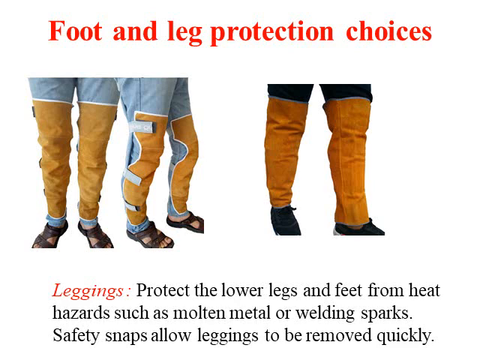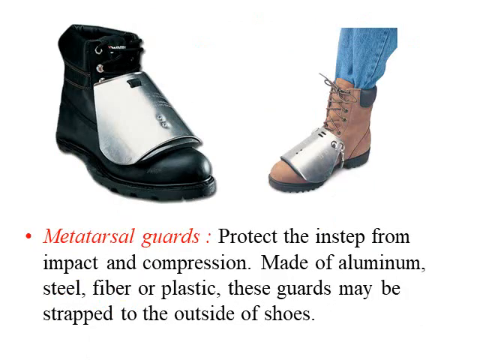Some leggings may have safety snaps, it's just like putting on pads in cricket. We have pads, right? They have snaps, so the purpose of using snaps is that they can be removed quickly. Or sometimes snaps will not be available, so they are just pulled over and put over the foot and the leg. So this was regarding leggings.